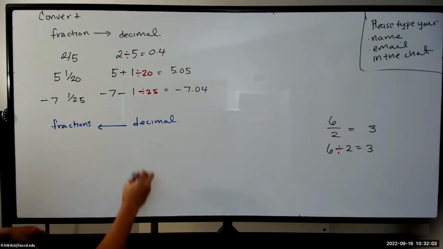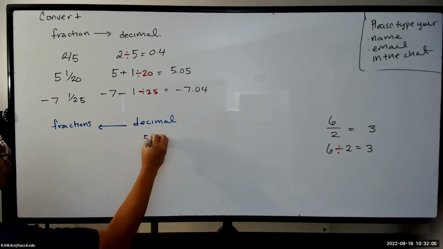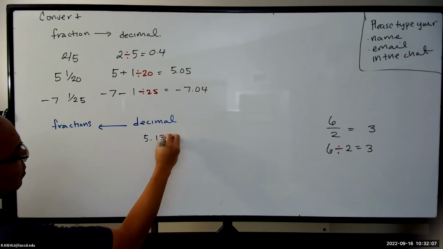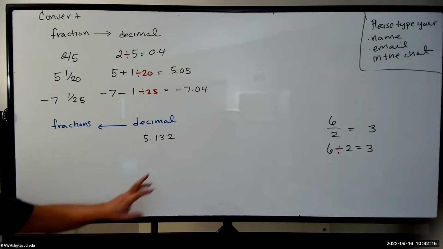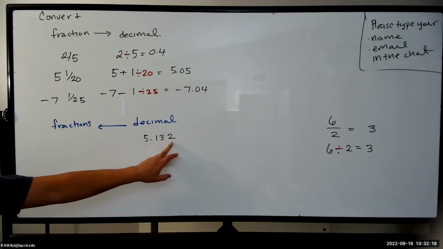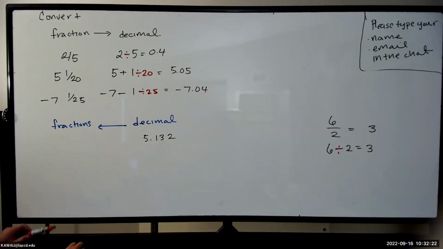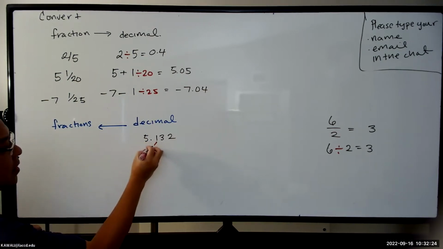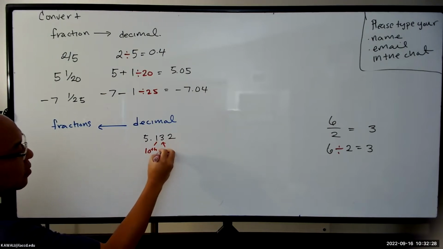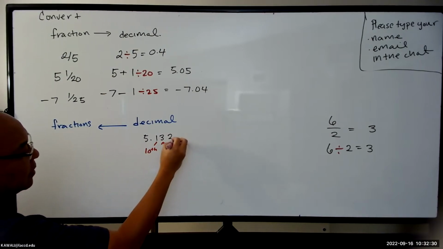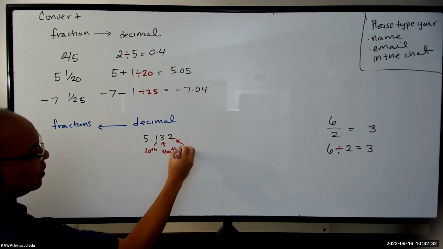So if I have 5.132, okay, what I want to do is I want to recognize the last place of my decimal. So this right here is the 10th place. This right here is the 100th. And this right here is the thousands.